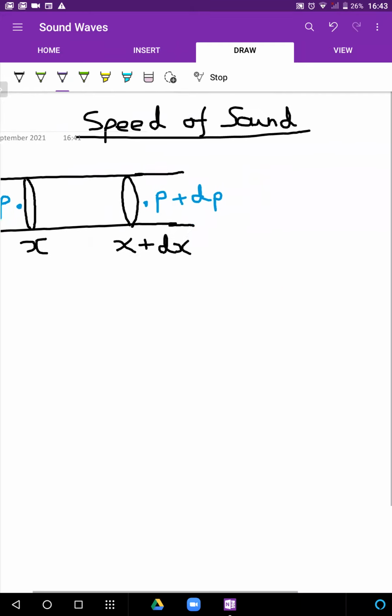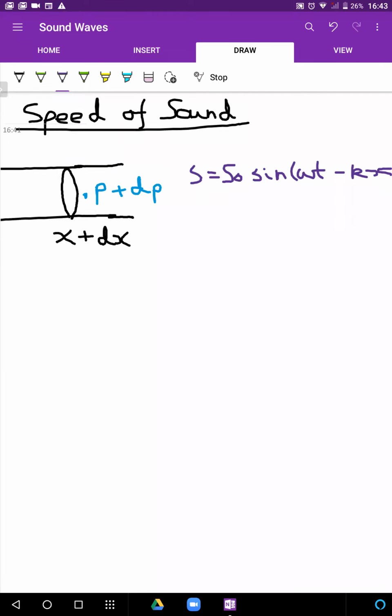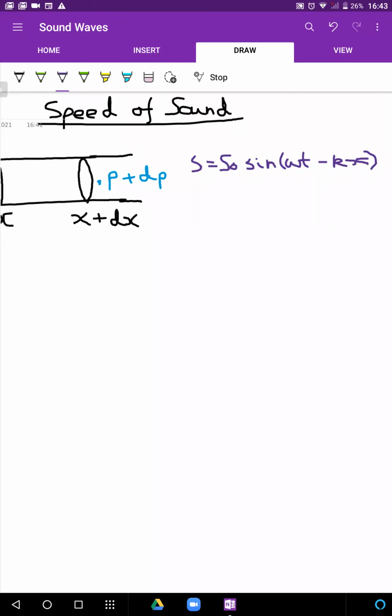My displacement is S naught sine omega t minus kx, and likewise my pressure equation is P naught cos omega t minus kx.